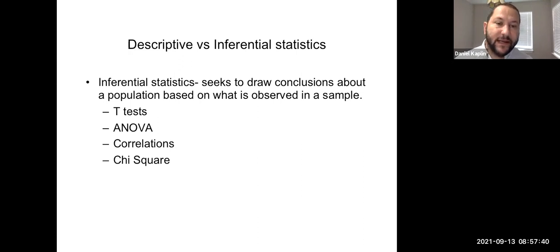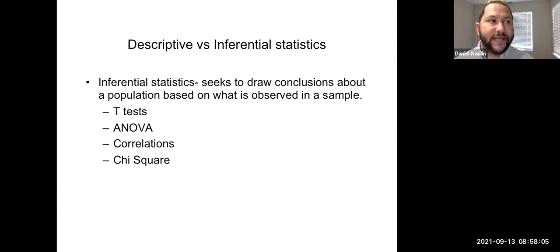So things like t-test, analysis of variance, correlations, regression, chi-square, all of these statistical analyses are inferential. And the purpose is to say, did we have statistically significant differences in our sample relative to what we would have expected by chance?